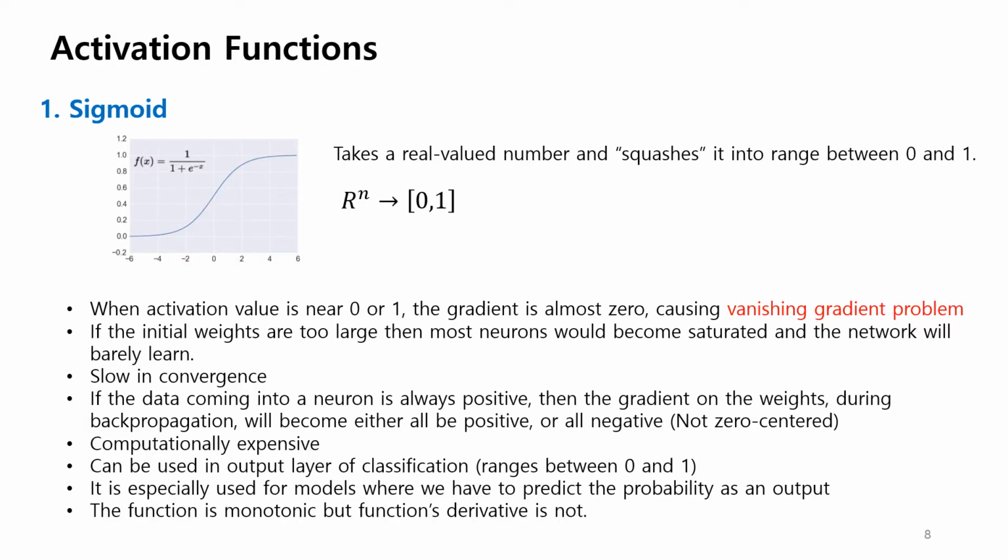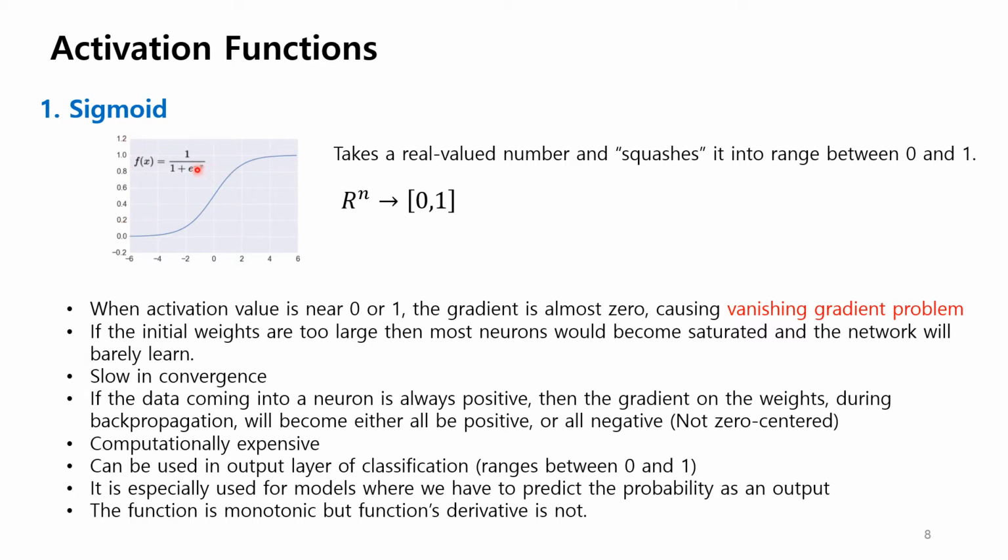Now let's talk about activation functions. The first activation function we're going to talk about is the sigmoid function. We have seen this sigmoid function before in neural nets, so it's kind of a review. This is the shape of the sigmoid function, and it ranges between 0 and 1.